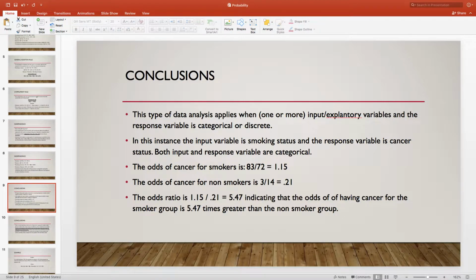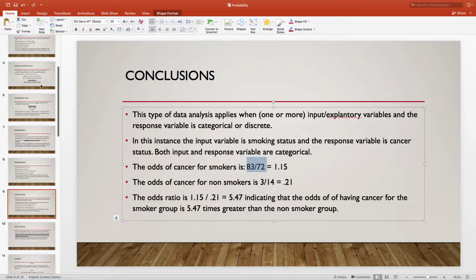Now, this is not going to be on your homework, but I'm including it for your reference because it completes the data analysis, even though it's not in your textbook. The odds of cancer for smokers is 83 divided by 72, right?